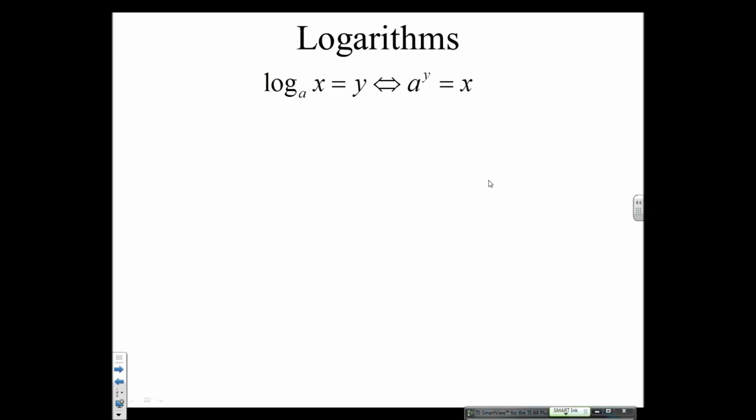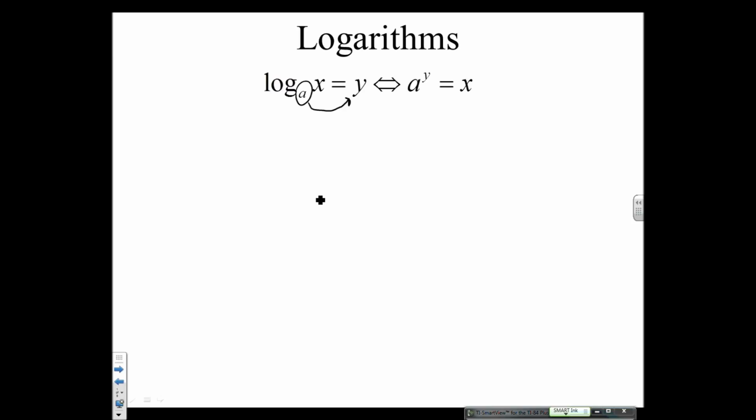And the way that I always visualize this is I always picture this a over here zooming over and becoming the base of an exponent. So it becomes a to the y on one side. And then when the a is gone, the log is gone. So you just have the x on the other side. So a to the y equals x. Okay, so that's what it means to be a logarithm.